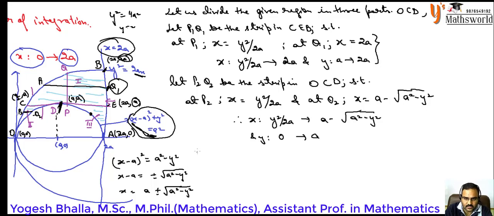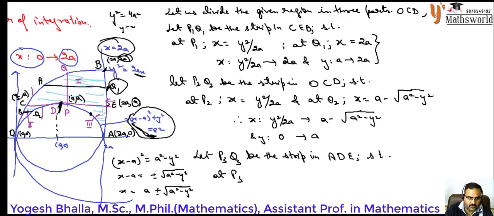The third case: let P3Q3 be the horizontal strip in ADE, such that this will be your P3 and Q3.